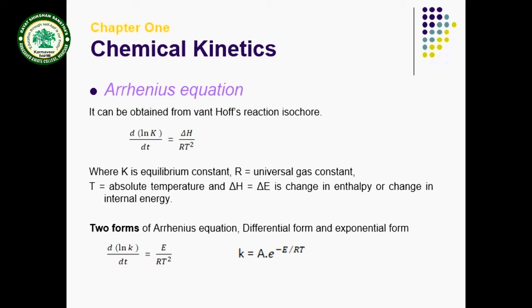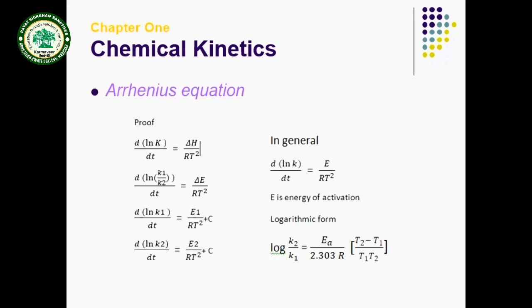Now we consider in short the proof of the Arrhenius equation, how it can be obtained. Let us consider the form of van't Hoff isochore, d ln capital K by dT equal to delta H upon RT square. Equilibrium constant can be given by k1 upon k2, that is the rate constant of the forward reaction to that of the backward reaction.